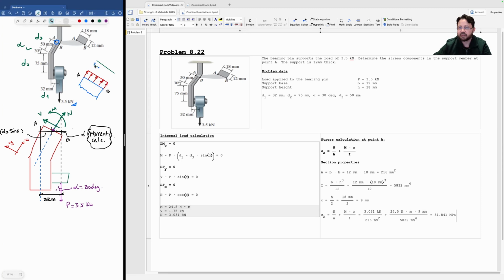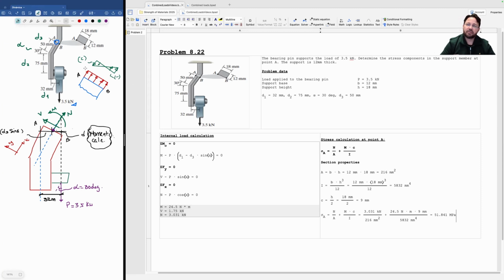Let me remove this because this is not correct. I need this line here, like this, and like this. Yeah, that's better. So you see that this is going to be in tension here, and this is going to be in compression. Yeah, this is the neutral axis. So this is tension, and this is compression.